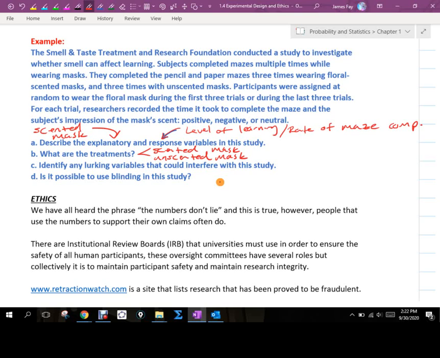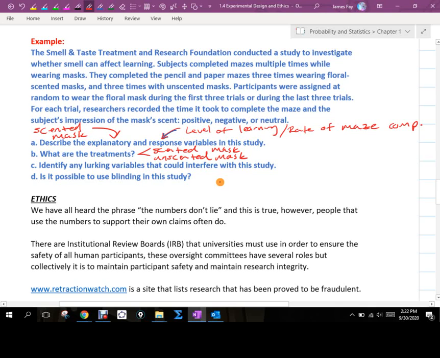So they even talk about, if I wear the scented one first and then I wear the unscented one, that could be a variable. Now they know the study, they're trying to determine if the scent is something that would increase their learning. So they know the first 3 times they did this, they had the scent, and now the next 3 times they don't have the scent, so they think, I should be doing it slower then. Okay, so that might be a lurking variable.